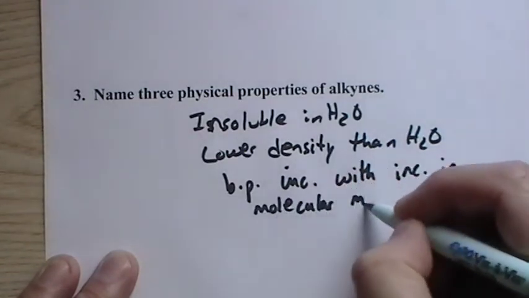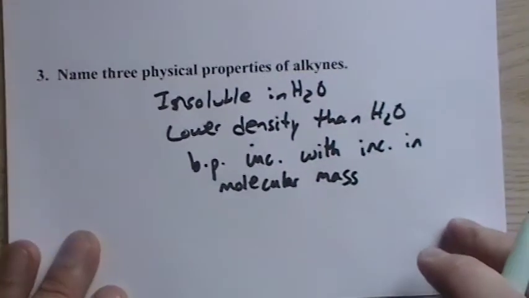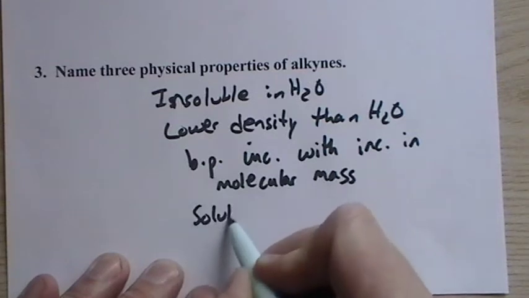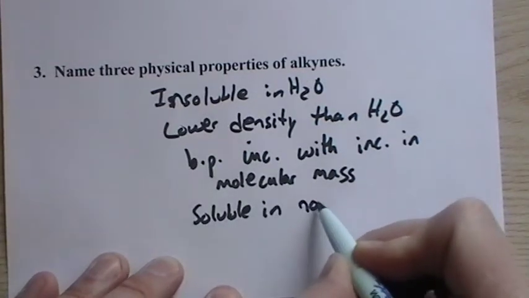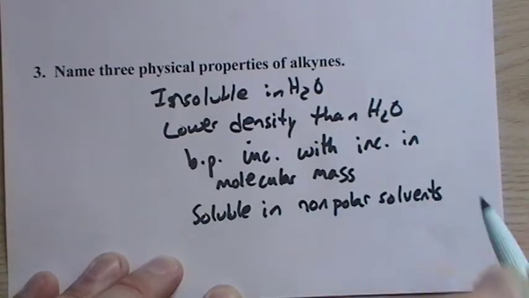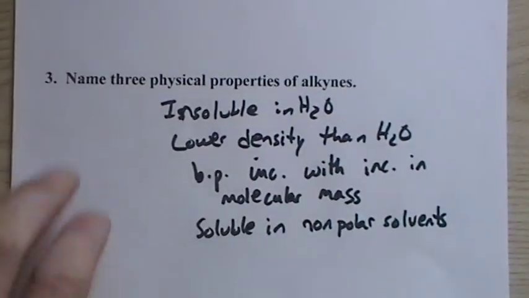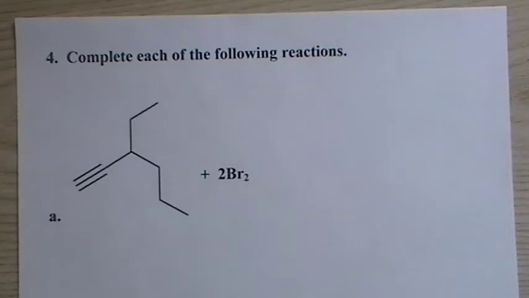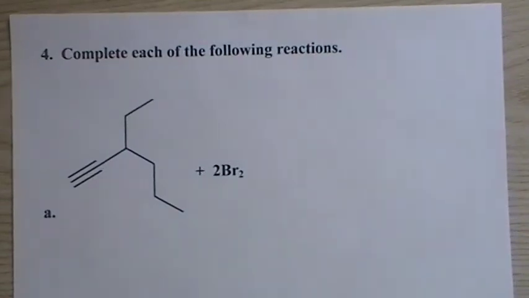I'm really abbreviating this because this is the 3rd, 4th time I've written this. And then we have soluble in nonpolar solvents. So a lot of the same stuff over and over. If you've been paying attention in the previous lectures, this should be very familiar. It shouldn't catch you off guard, and that's why you want to make sure you know the previous material before you move on.